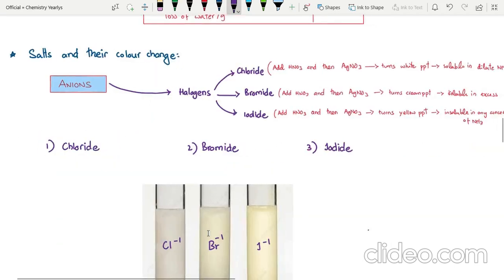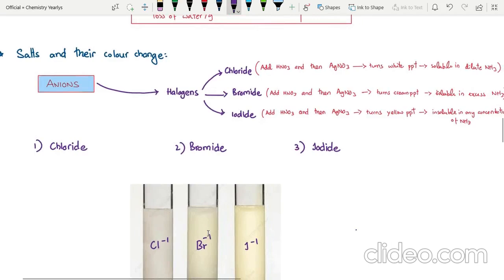Now let's move on to the most important section, the salts and their color change. First of all, let's jump into anions. In anions, we have the halogens: chloride, bromide, and iodide. All of them have the same test: we first add HNO3, nitric acid, to remove any carbonates or other chemicals so they do not interfere with our results, and then we add silver nitrate, AgNO3.